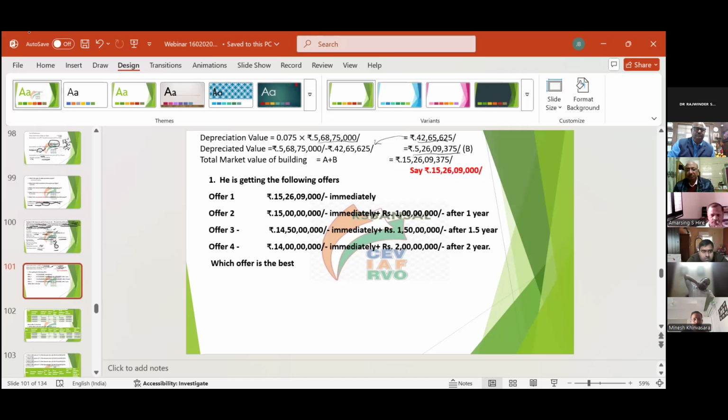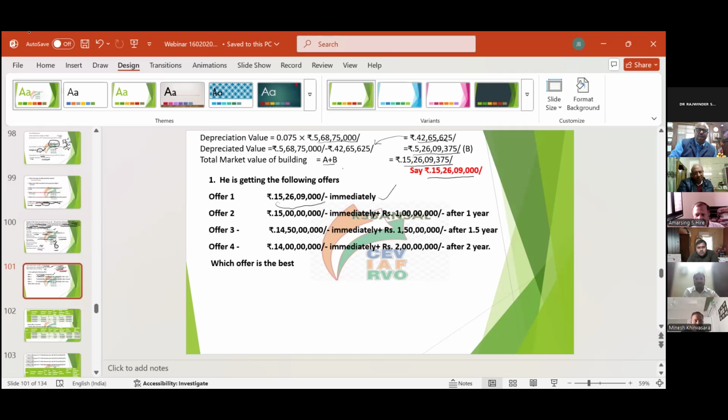So total market value, land plus building, comes out to be 15 crore 26 lakh 9,375. See, 15 crore 26 lakh 9,000. So now see, he is getting the following offers. Offer one: 15 crore 26 lakh 9,000 immediately.